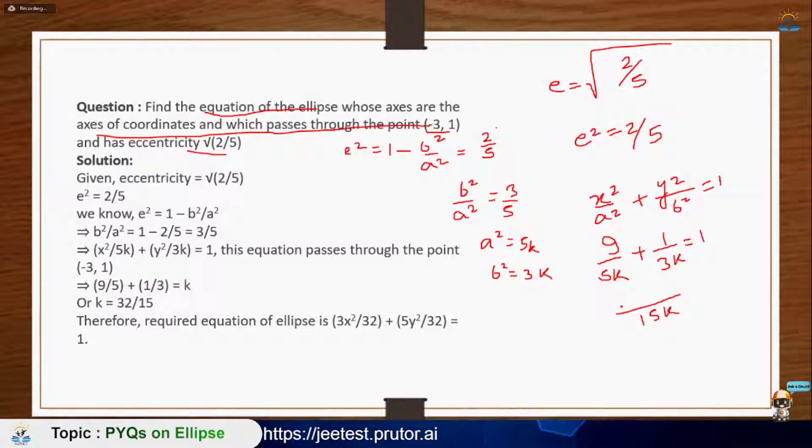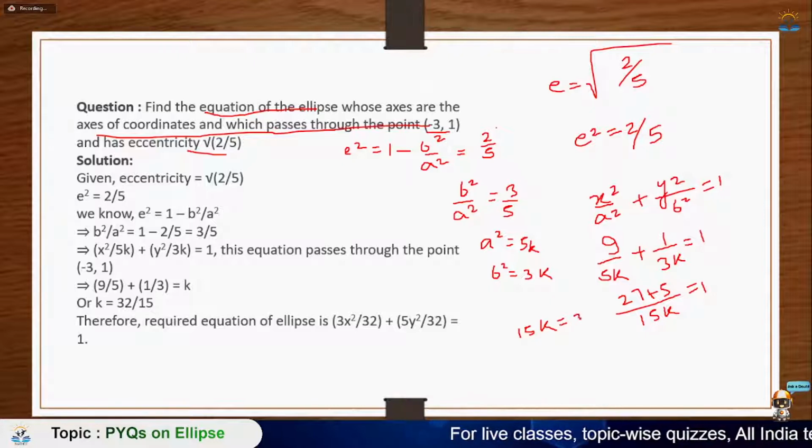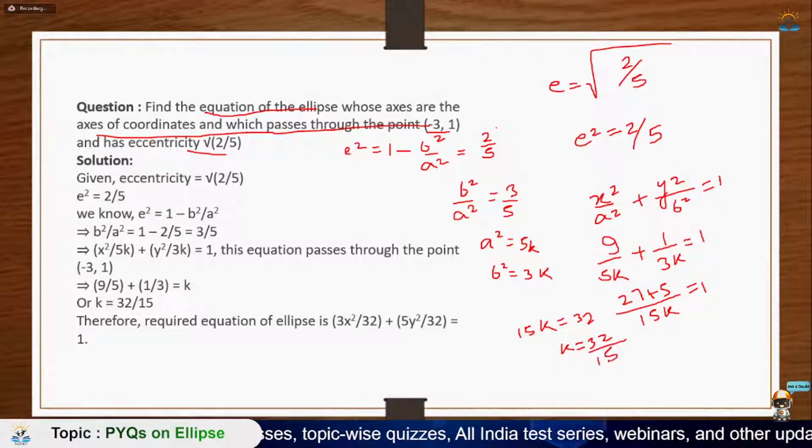So 9 3s are 27, 27 plus 5 is equal to 1. So from here I am getting 15k equal to 32. So k is equal to 32 by 15.